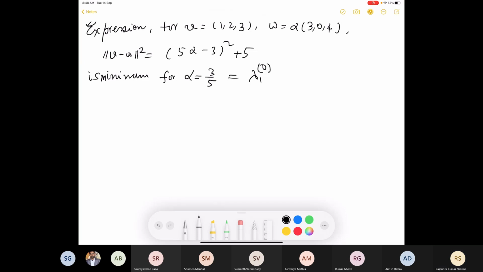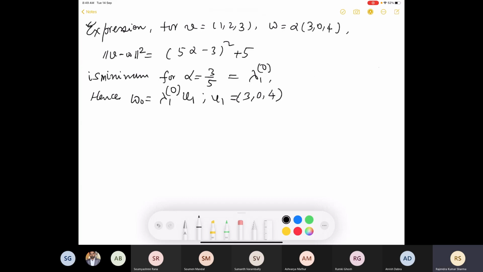So that makes W naught equal to lambda 1 0 U1, where U1 is the basis vector, so this was (3, 0, 4).